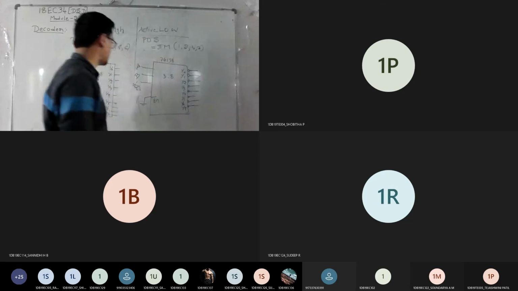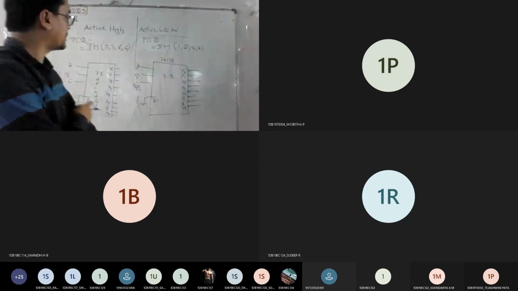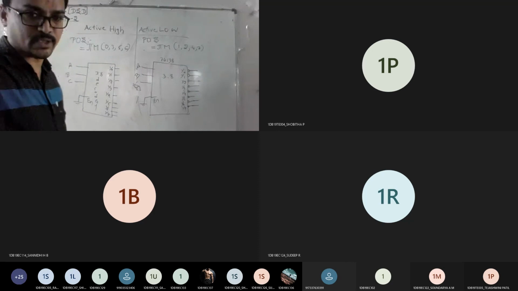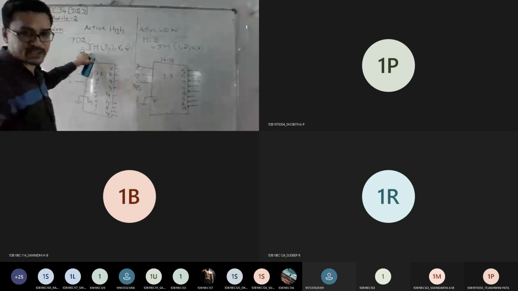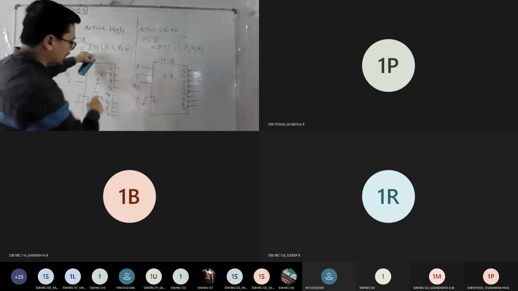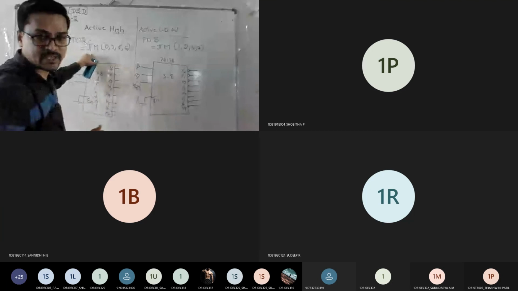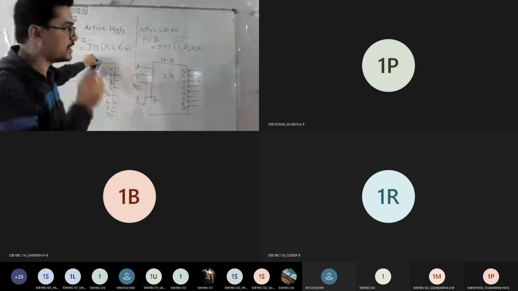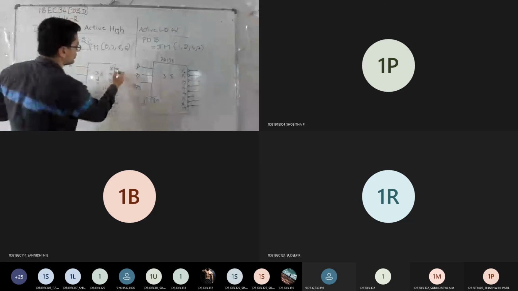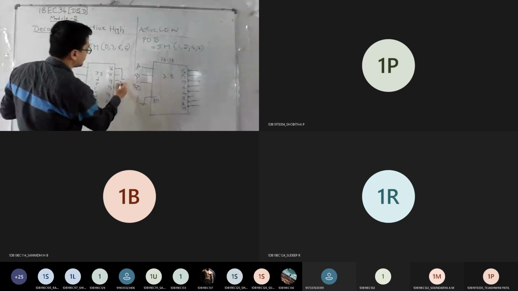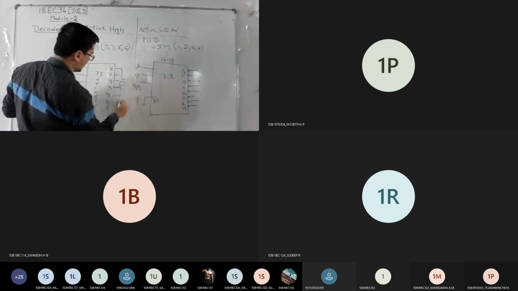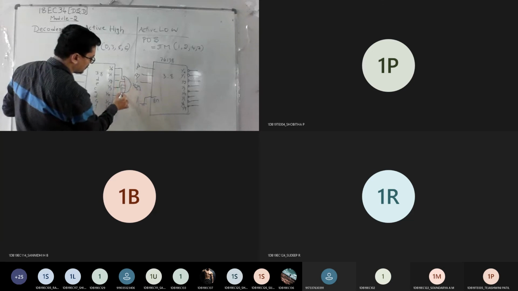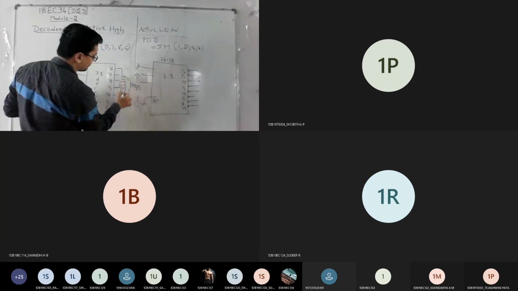If we find such things with respect to POS form, listen: if it is active high POS form, you need to connect and implement using a NOR gate. So what are the combinations now? 0, 3, 5, and 6. So this combination should be implemented using your NOR gate logic.